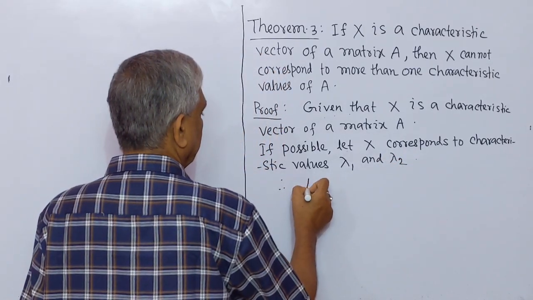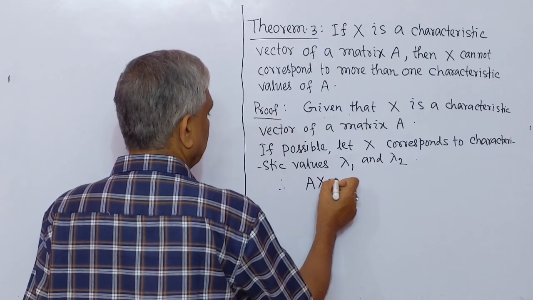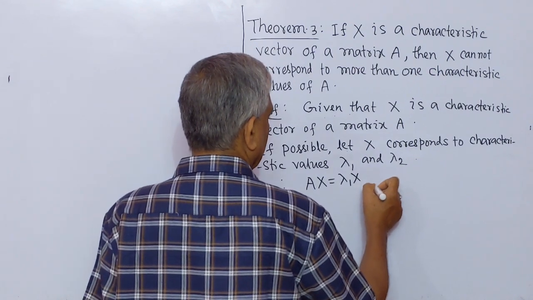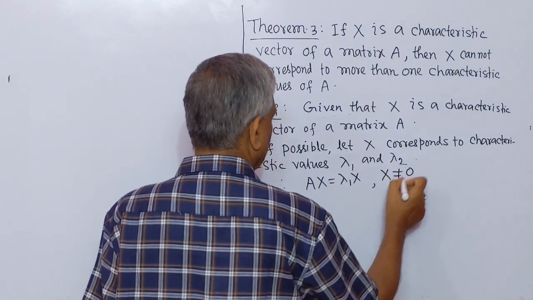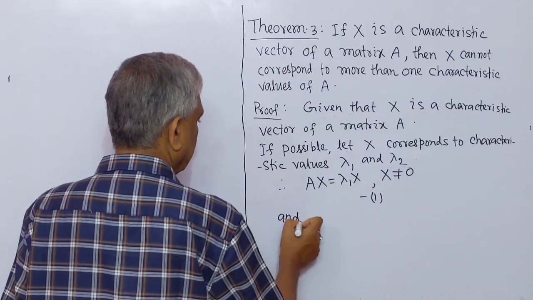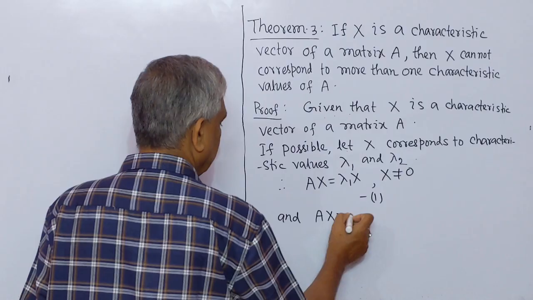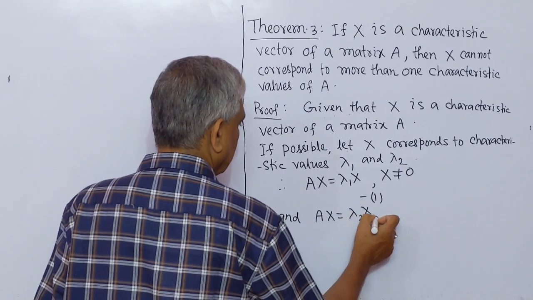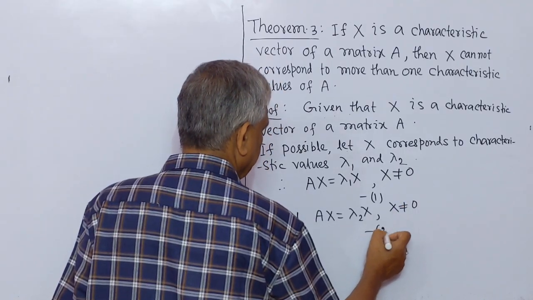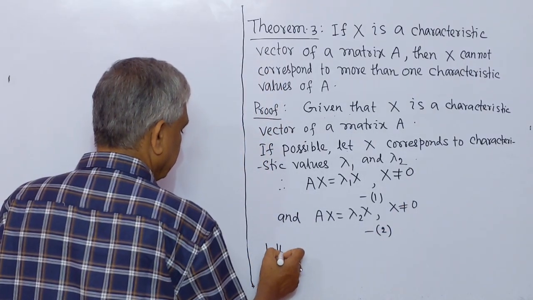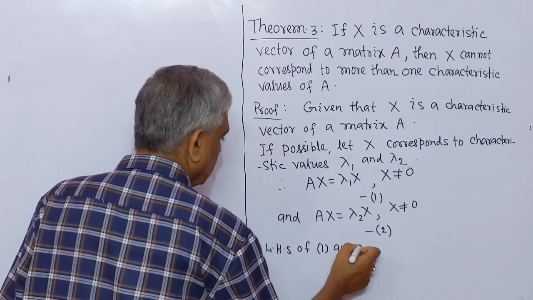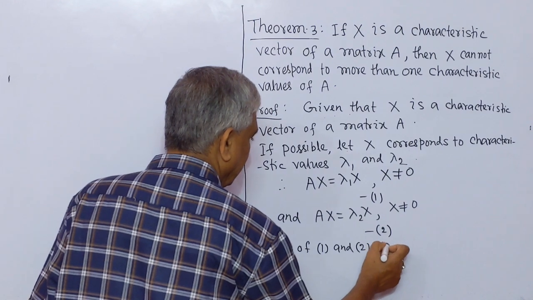Therefore, Ax equal to lambda 1 x, x not equal to 0. This is number 1. And Ax equal to lambda 2 x, x not equal to 0. This is number 2. Left hand sides of 1 and 2 are equal.